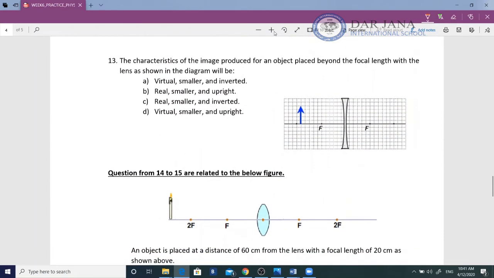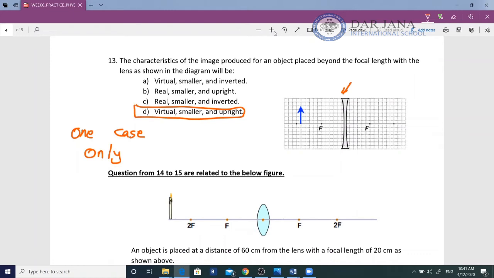Here we have a concave lens, as you see. What is the image produced if the object is beyond the focal length? We said in concave we have one case only. Image is always virtual, smaller and upright, right?